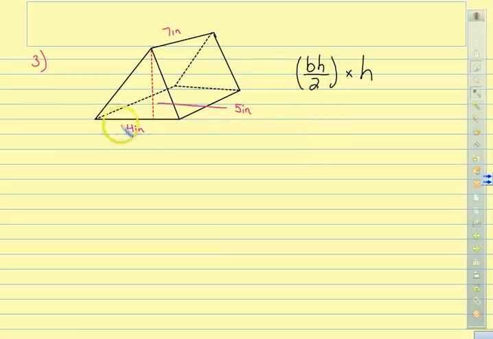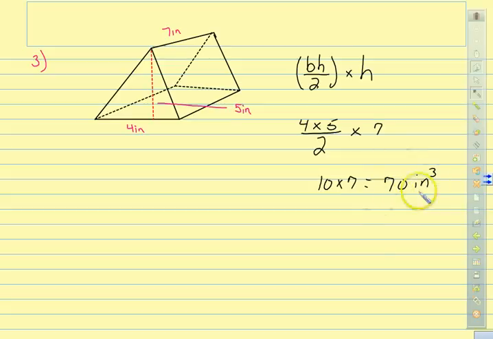Alright, triangle, we're finding the base, which is going to be 4, times the height of the actual triangle, which is 5, divided by 2, times, and again, we're looking at not the height of our actual triangle, but the height of the prism itself, which is 7. So 4 times 5 is 20, divided by 2 is 10, times the 7, which gives me 70, and it would then be cubic inches.